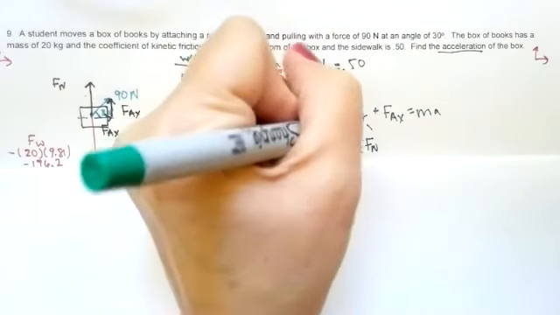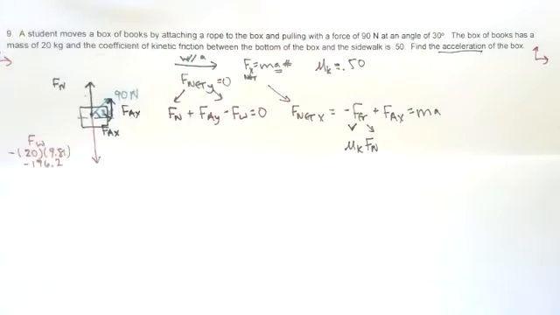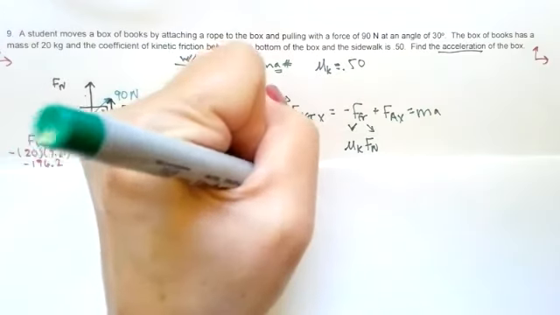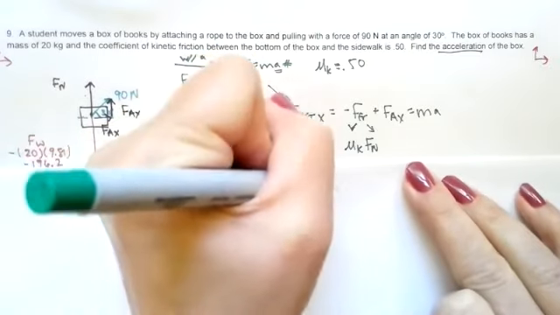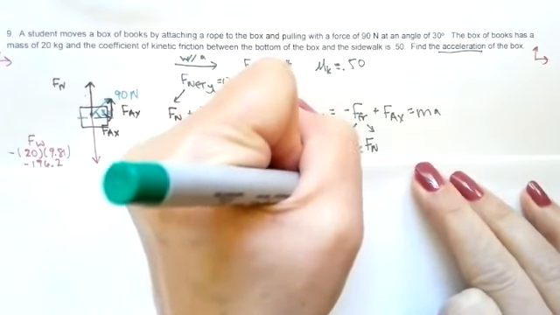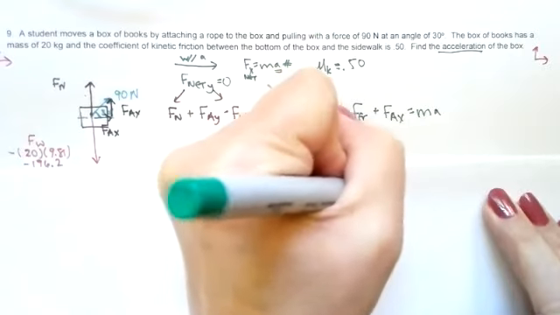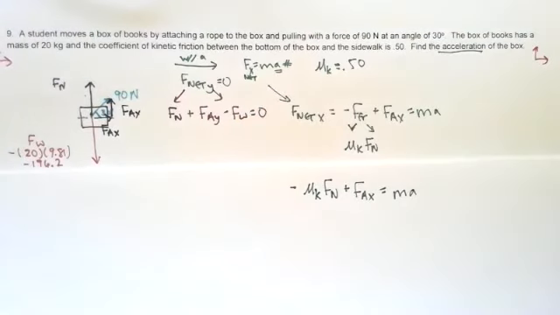So when I look at this in totality, if I'm trying to solve for acceleration, I have negative mu sub k Fn plus Fax equals ma. So let's start getting our pieces pulled in.